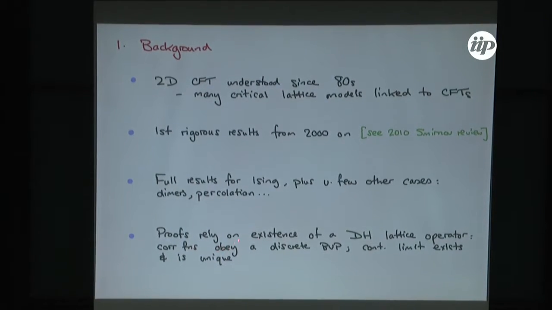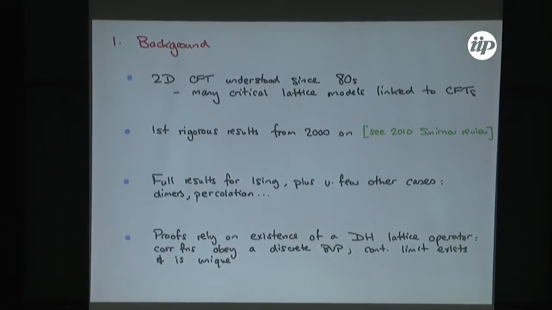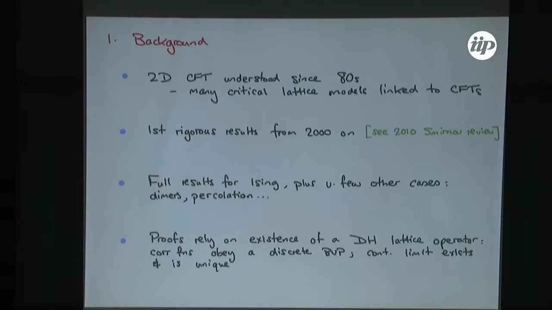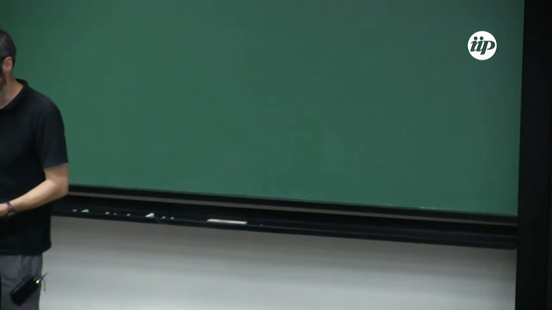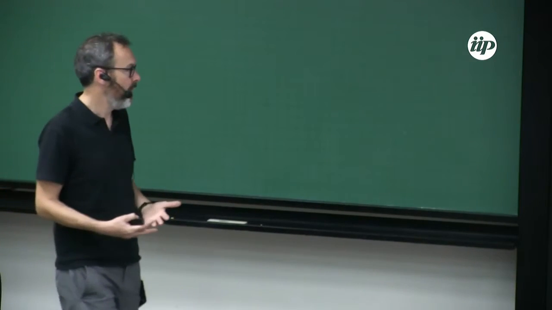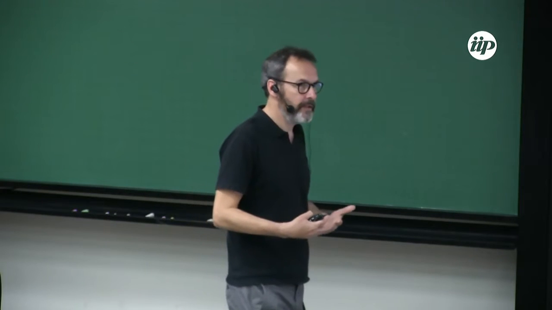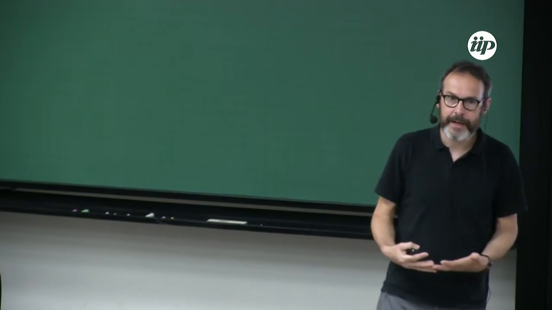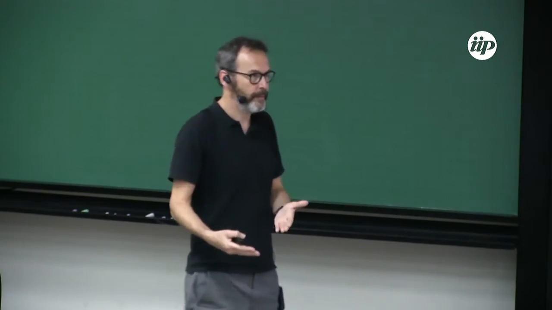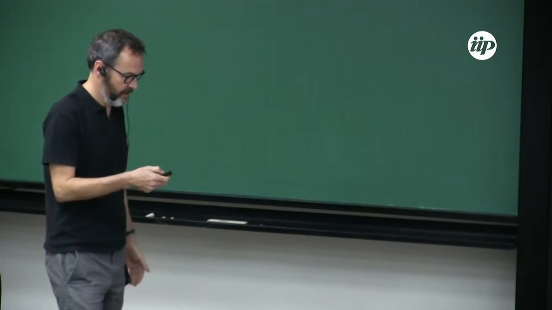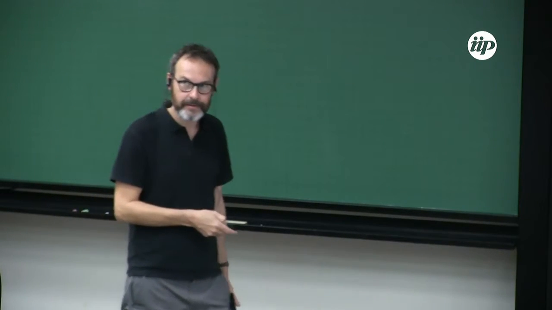I'm not going to go into any of the detail here, but all these proofs of this scaling limit rely on the existence of a discretely holomorphic lattice operator. And then the idea is that the correlation functions of these lattice models obey a well-defined discrete boundary value problem. And then the flavor of the proof is that the limit of this exists, a scaling limit, and is unique, and it is the conformal field theory. And that's all I'm going to say about this program.